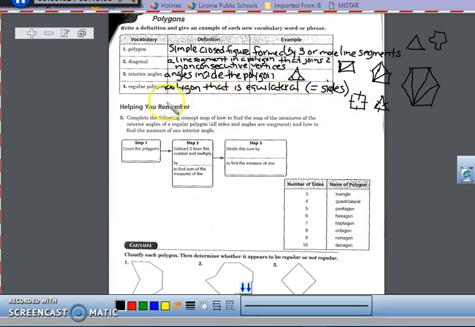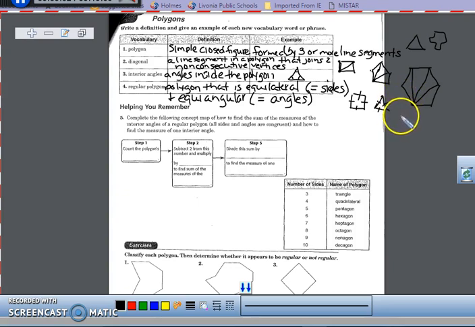Okay, a regular polygon, equilateral and equiangular, which means equal angles. Okay, lateral means side, angular means angles. All right. Okay, so I want you to look at the triangles in the polygon and the number of sides versus the number of triangles that are in there.